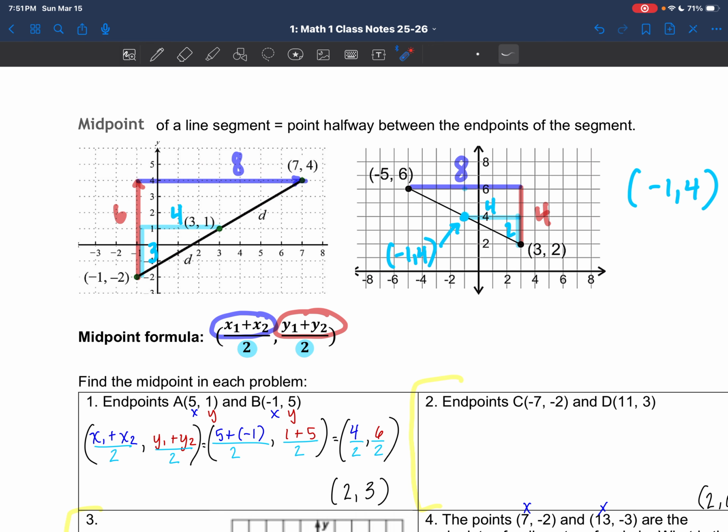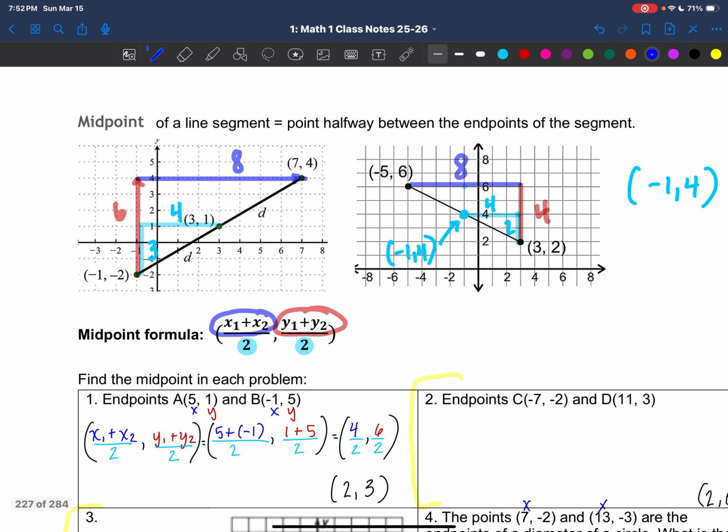And then we take our y values, which are 6, and you just divide by 2. So if I take this 8 divided by 2, I get 4. And if I take my y's, which is 6 divided by 2, I get 3.